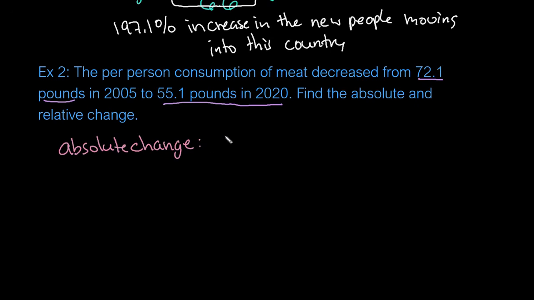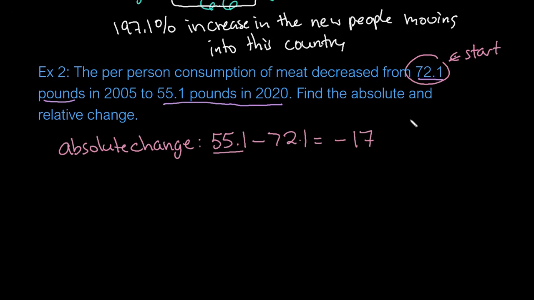We are going to take the new amount of 55.1 and we are going to subtract the starting amount of 72.1. Since 55.1 is smaller than 72.1, we do end up with a negative difference.